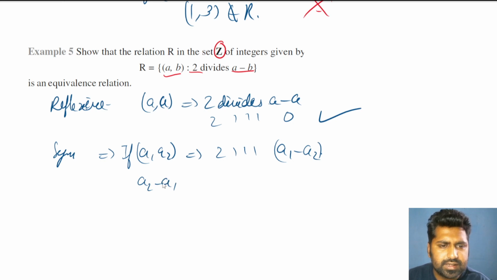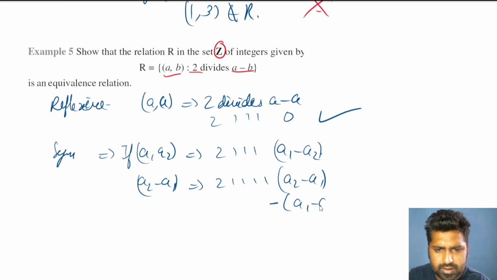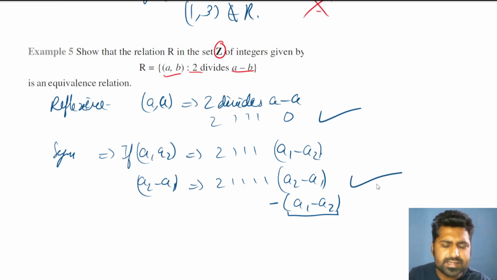Let's check whether a2 minus a1 belongs to R or not. So a2 minus a1 means 2 should divide a2 minus a1. If I take negative common, this is a1 minus a2. Because we are talking about integers, negative is allowed. We already know that a1 minus a2 is divisible by 2, so negative of that will also be divisible by 2. So yes, it makes sense.